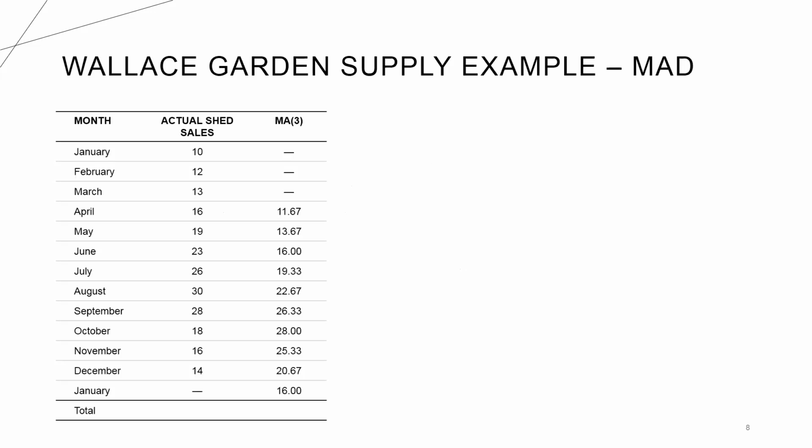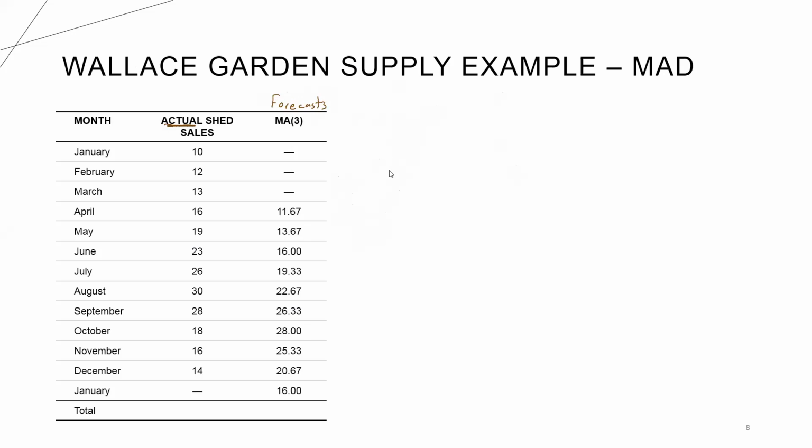Okay, so here we have an example with the moving averages. We have the actual sales and then we have our moving averages that we computed. These are our forecasts, and these are the actual values.